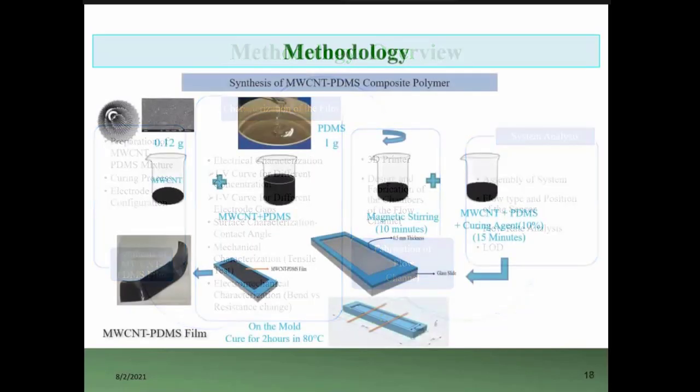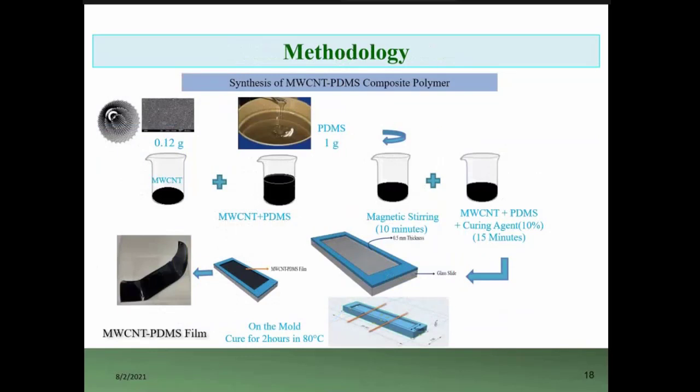First, the synthesis of the carbon nanotube PDMS composite polymer. In this section, the carbon nanotube and PDMS were mixed together. PDMS is a resin-like polymer. A specific amount of carbon nanotube was mixed with a specific amount of PDMS under magnetic stirring for about 10 minutes. After that, the curing agent was added to this mixture and it was magnetically stirred for another 15 minutes to get a homogeneous mixture.